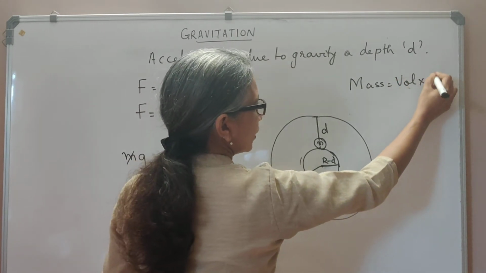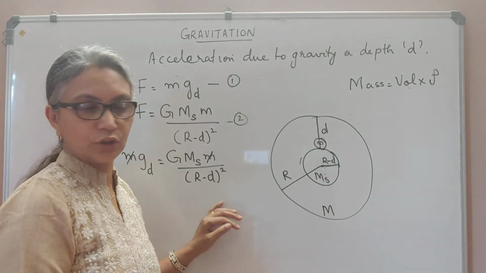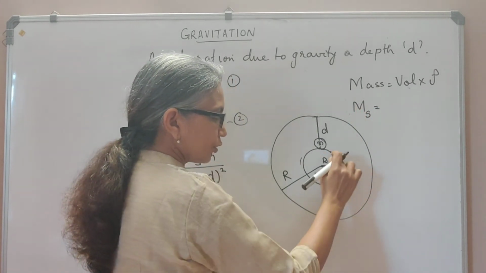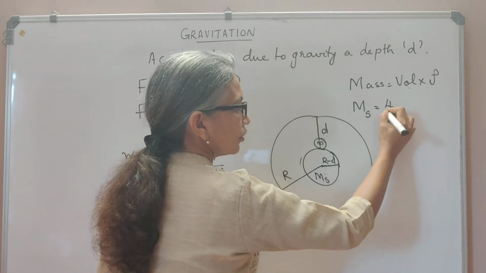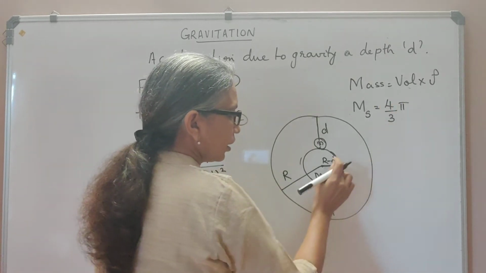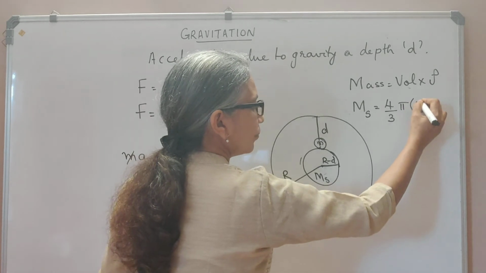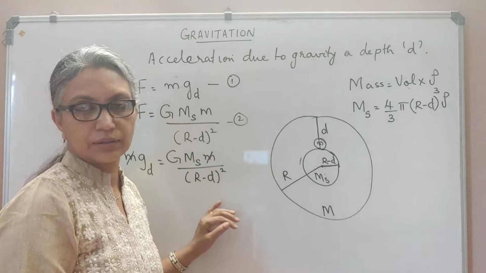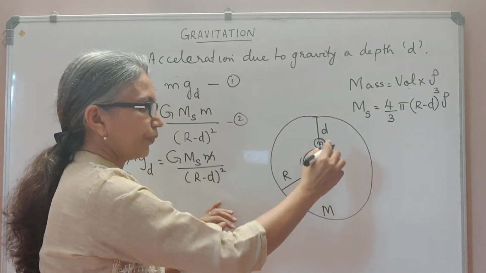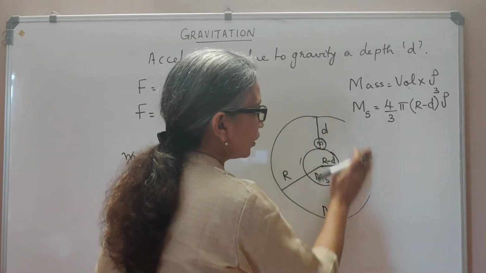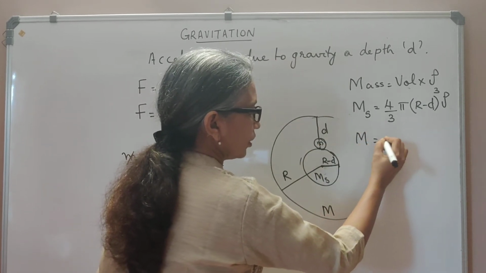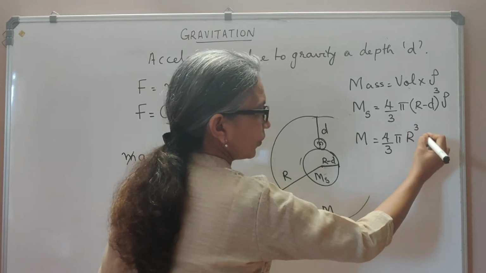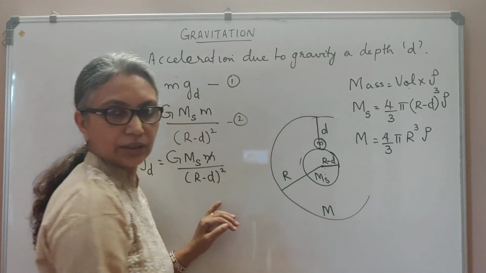Volume into density, because density is mass by volume. So the mass of the small sphere will be volume 4 by 3 pi, the radius of that small sphere is R minus d the whole cube, into the density of that material. Whereas the whole mass of the earth will be 4 by 3 pi, the radius of the earth R cube, and the density is the same material.